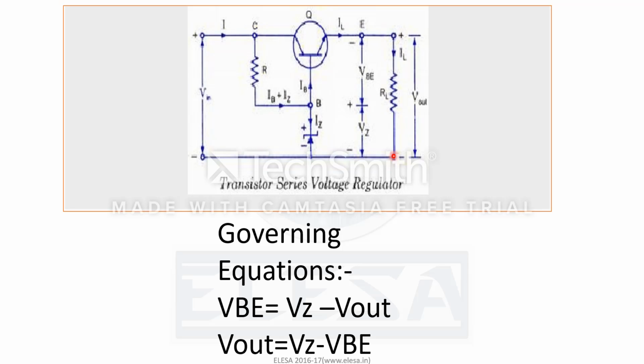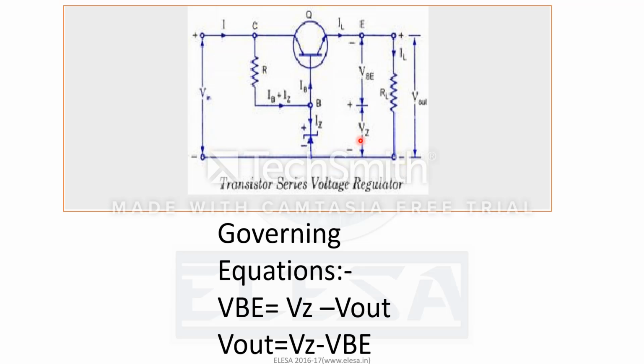The advantage of this circuit is to provide more stabilized output than a regular Zener diode regulator. The output voltage cannot be maintained absolutely constant because both Vbe and Vz decrease with increase in room temperature.